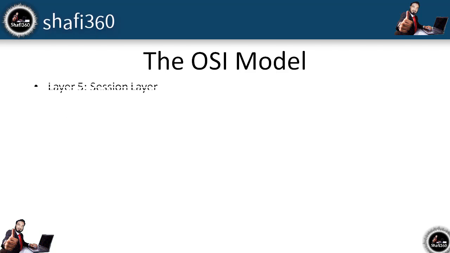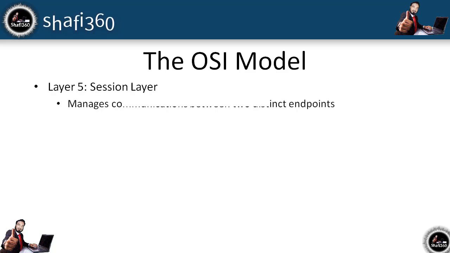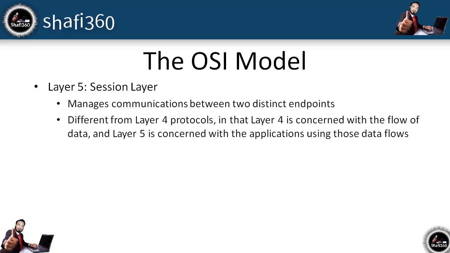Moving right along, Layer 5 is the session layer. Layer 5 manages communications between two distinct endpoints, and it is different from Layer 4 protocols. Layer 4 is really concerned with the flow of the data. Layer 5 is concerned with the applications that use the Layer 4 data flows. Layer 4 gets you there, Layer 5 actually transacts business between two computers.